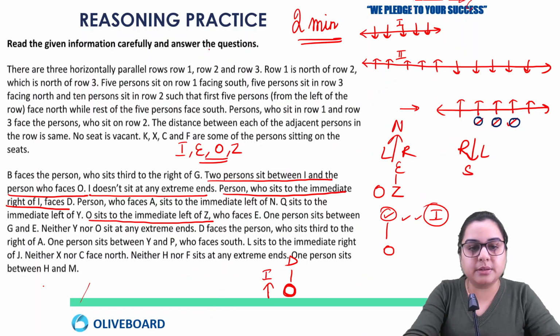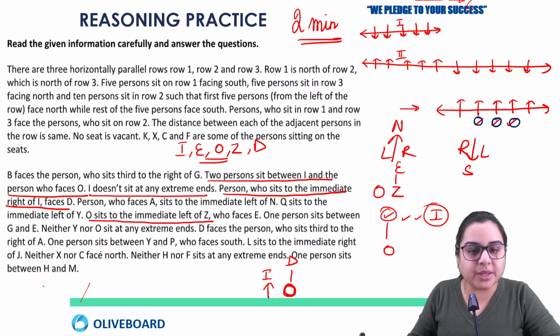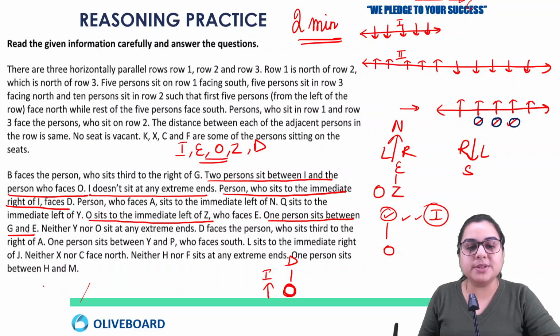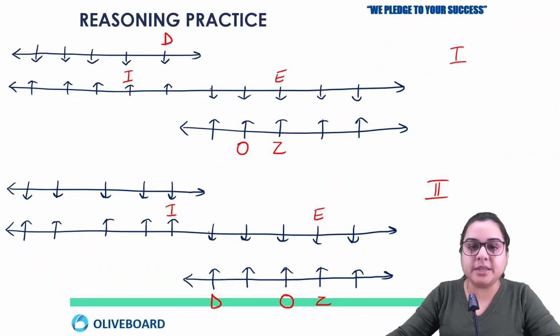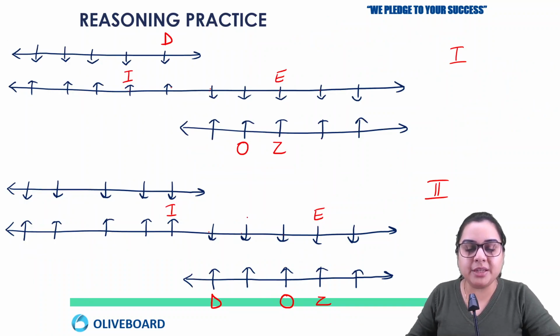Right? Okay, so next information that we have. We have solved this D. Okay, any other information about these people? Let's see. So here we have that one person sits between G and E. There is just one person who is going to sit between G and E. So here we have E. In the second possibility, G can be written here.